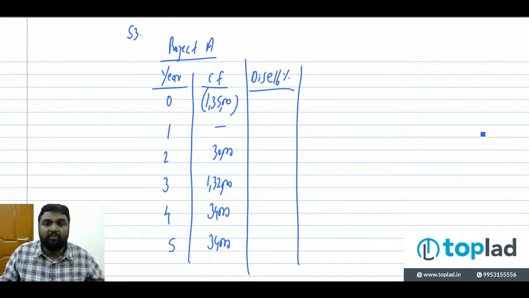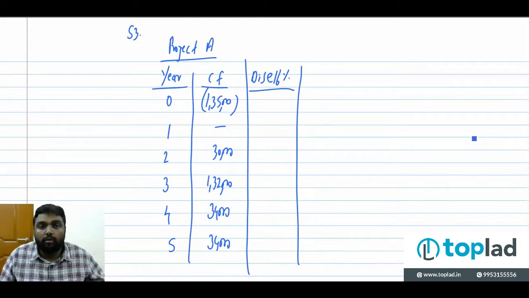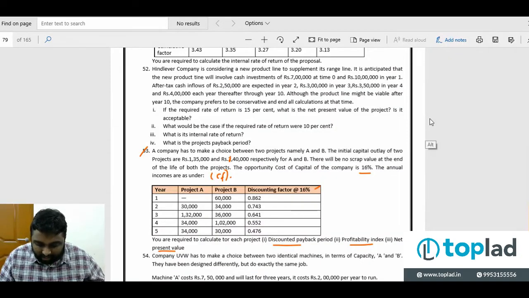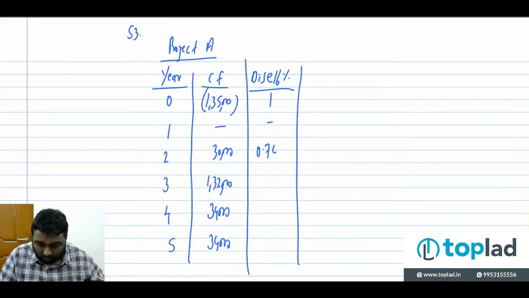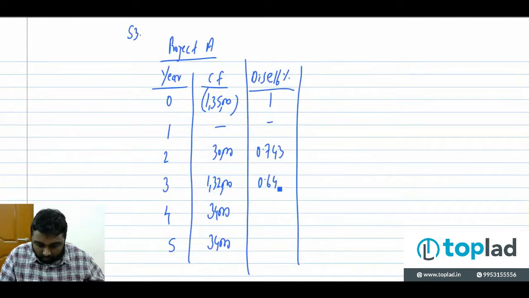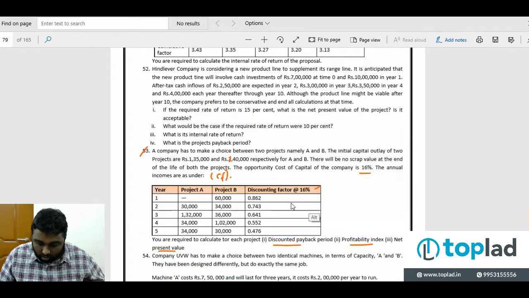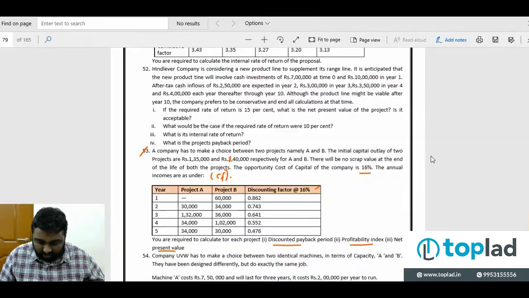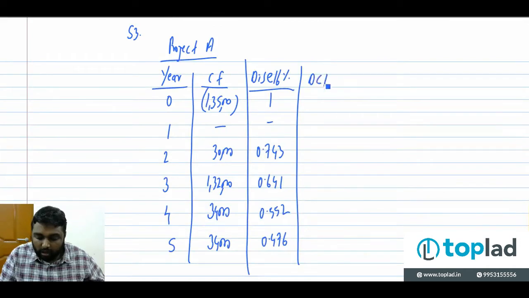We will first find out what we call discounted payback. So we will have 0.862, 0.743, 0.641, 0.552, 0.476. Now discounted cash flow.